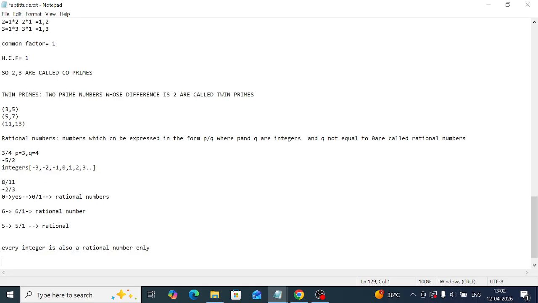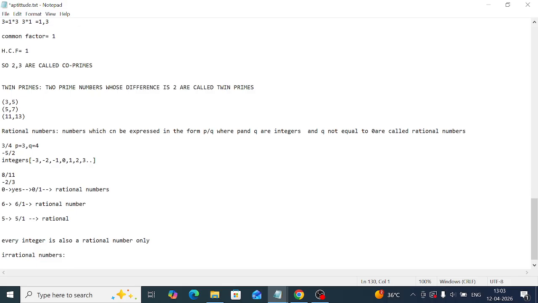See what is meant by the next one, irrational numbers. Irrational numbers are numbers which can be expressed as a decimal that is non-terminating and non-repeating.